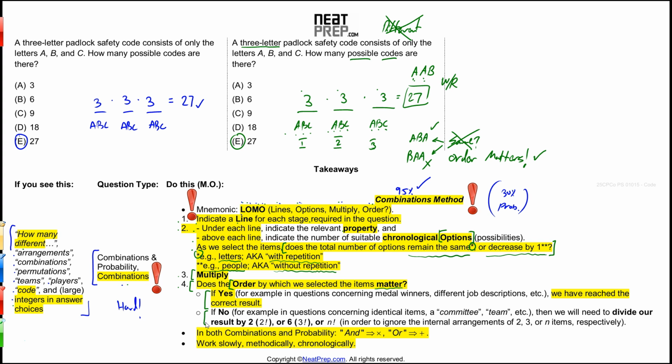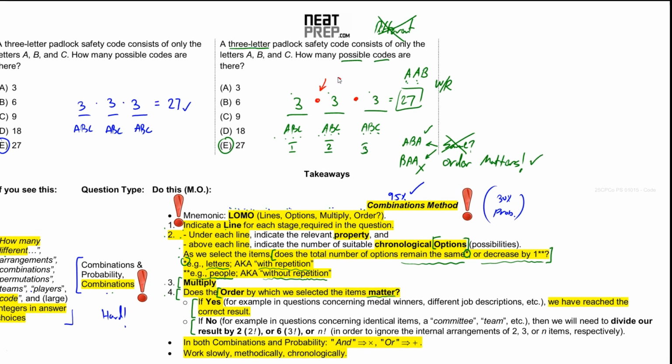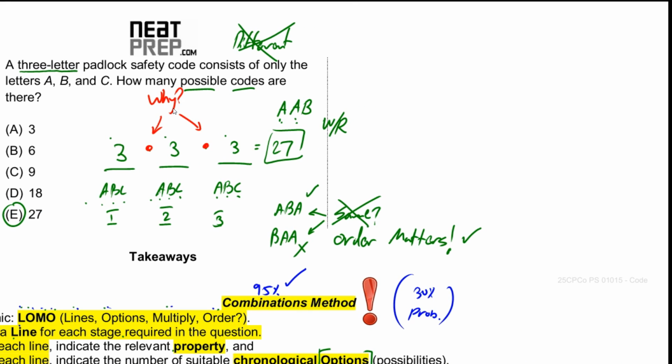Before we move on to the next question, some of you may wonder, why do we multiply rather than add, for example? Let's assume we would have been asked to form only a 2-letter code using A, B, or C here and A, B, or C here. How many codes would have been possible given this scenario?